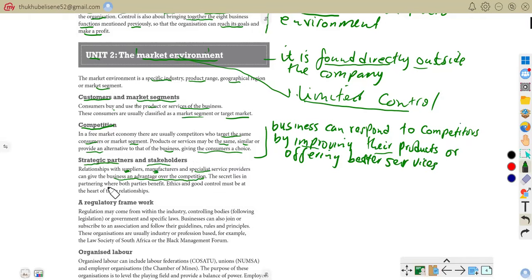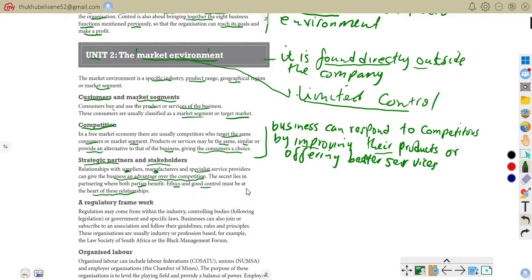The secret lies in partnering where both parties benefit. Ethics and good control must be at the heart of this relationship so that the relationship can keep on going.